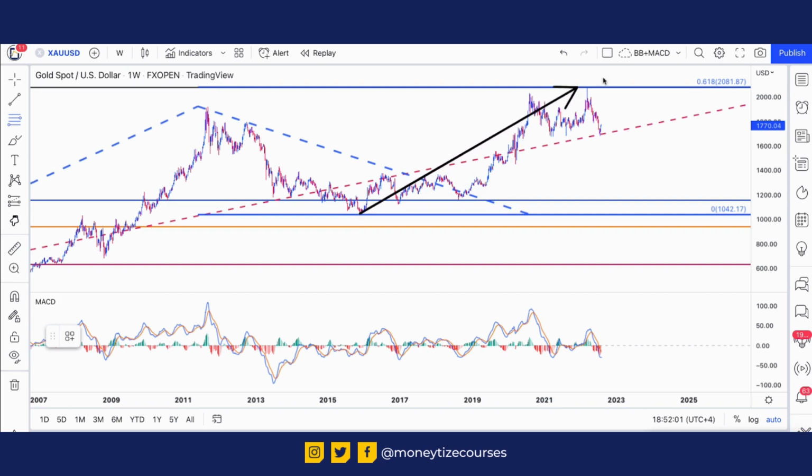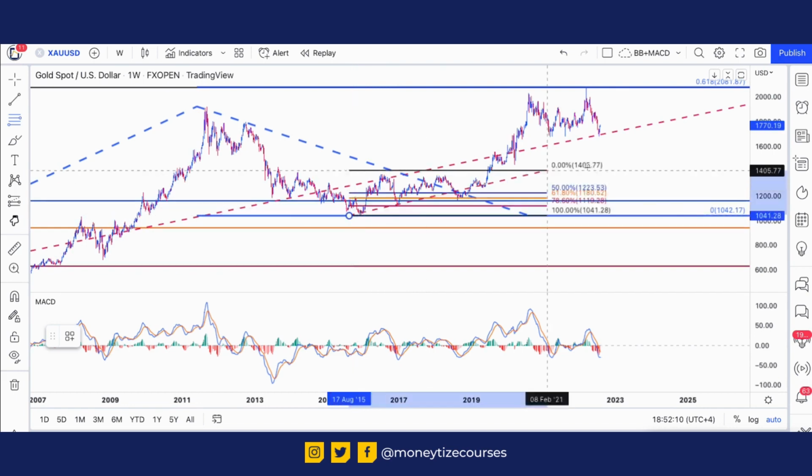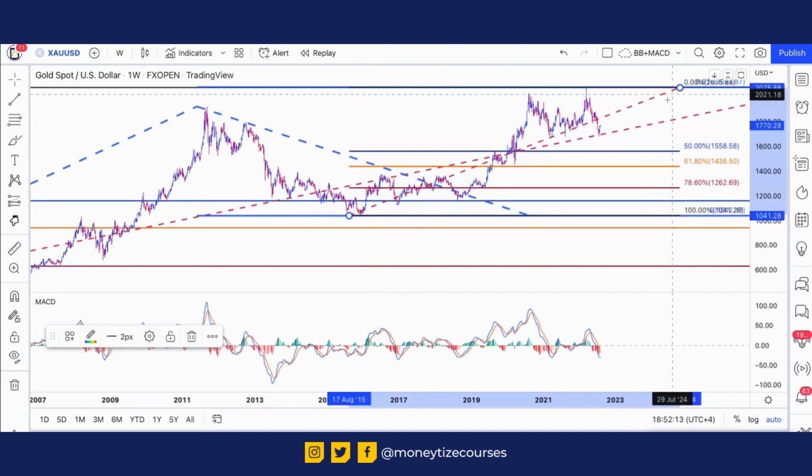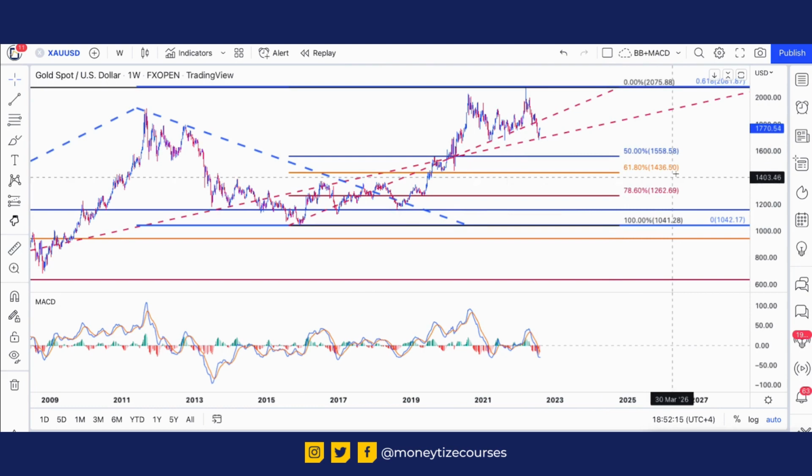I'm talking about this cycle. So let's plot our fib retracement from this swing low to the recent swing high. So as per this level, the 50% retracement would be completed around 1558.